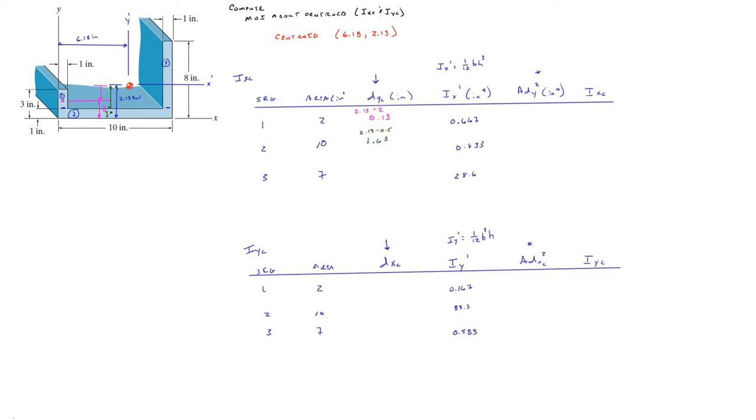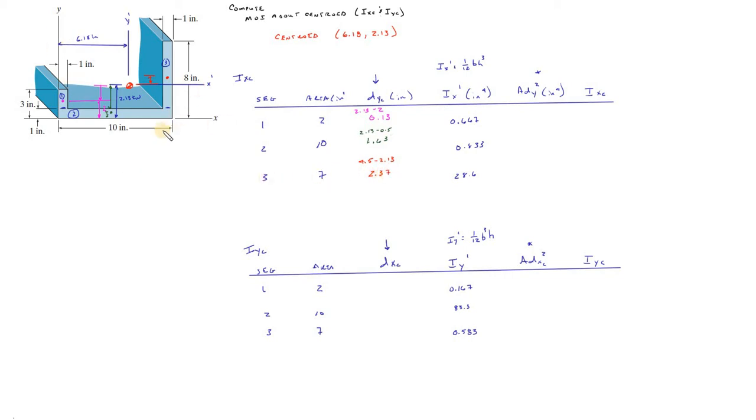Now the last one here, let's do that one in red. The centroid is right here, so this is the distance that I'm looking for. Again, I went up 4.5 minus 2.13, which is going to give me 2.37.